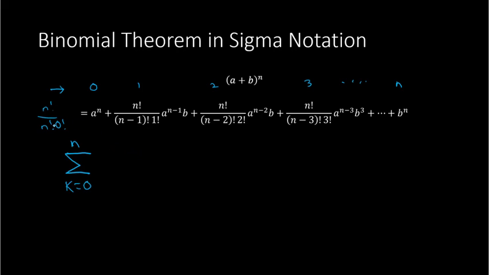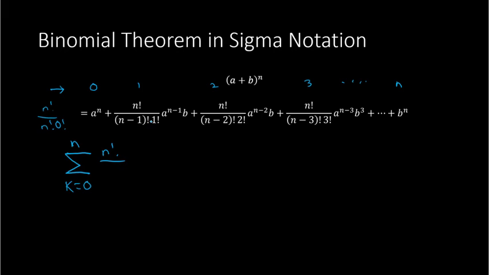So the numerator will always be n factorial. Whatever n is, the exponent, that's going to be written as a factorial.